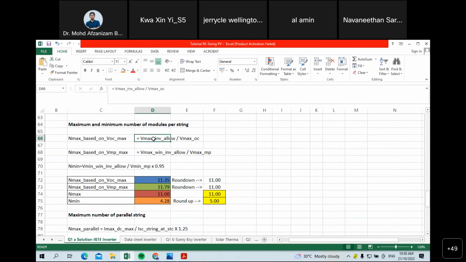So this part, we already calculated previously, and also this part. So it is just a matter of inserting the values to get the rough answer. Someone can verify this answer, 11.35.